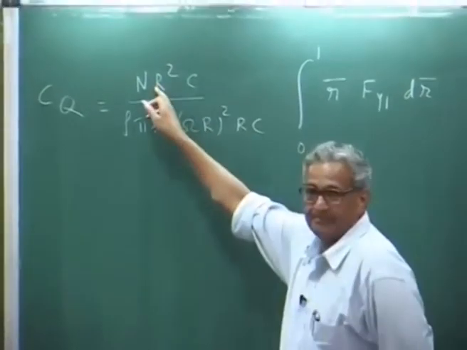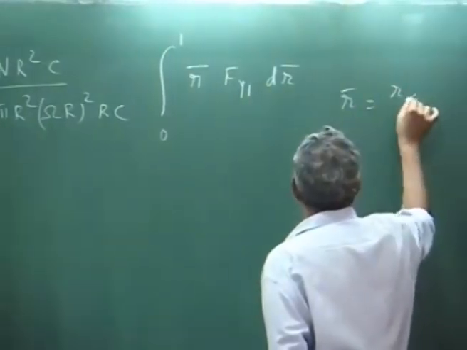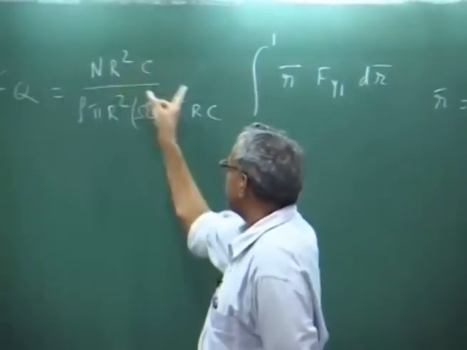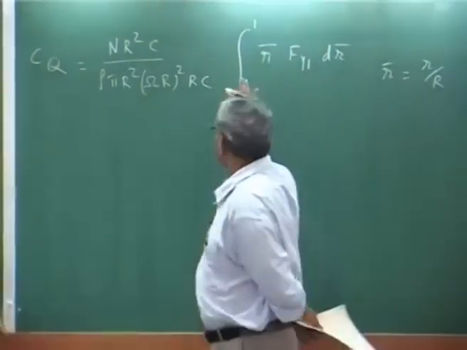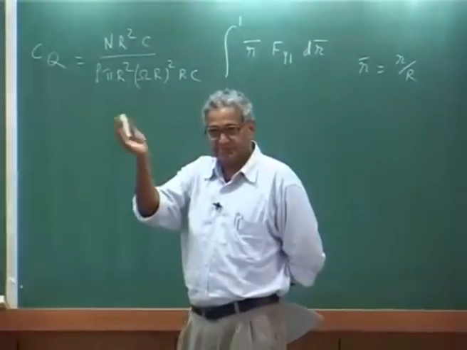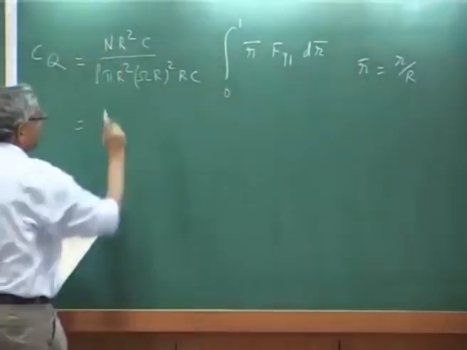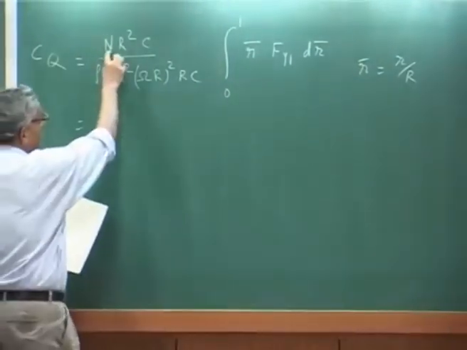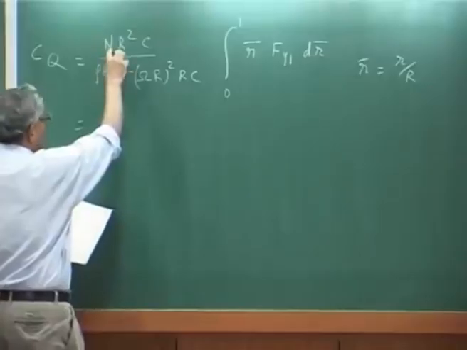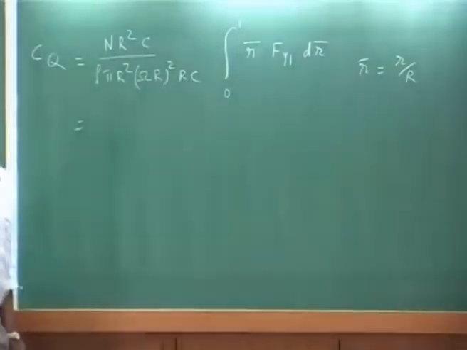Okay. R bar is r over R, and I multiply C just for, and you know Fy1 which is given from the earlier expression, that we will write later. You can now take n C r over pi r square, that is sigma, the solidity ratio.